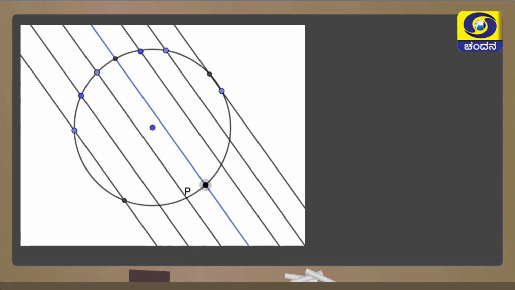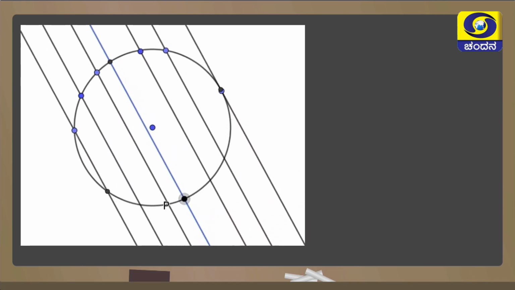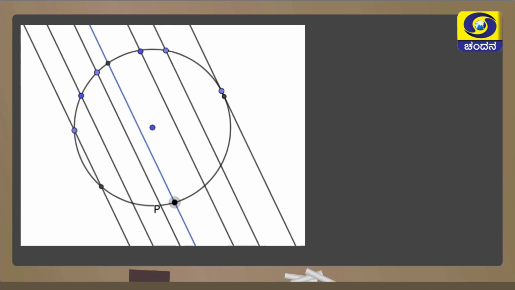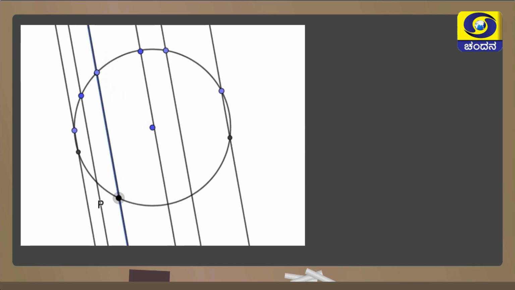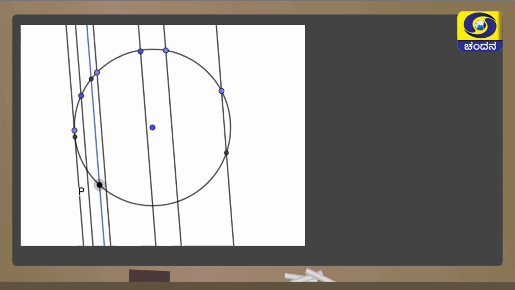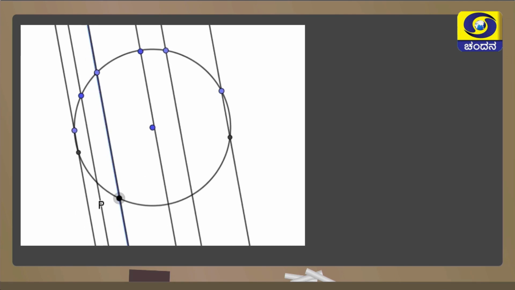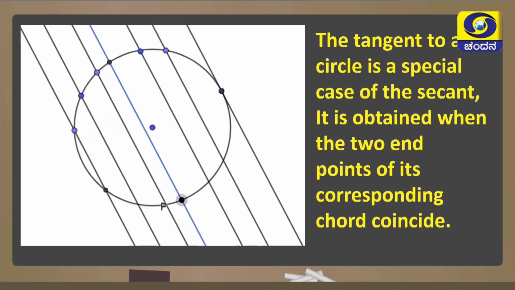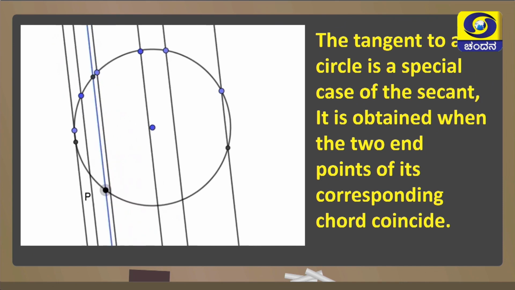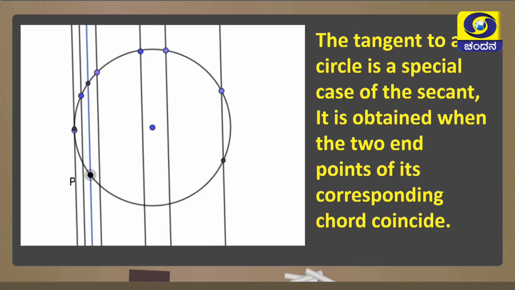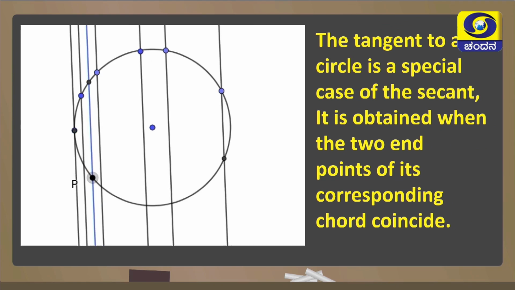Now, I am moving the secant, maintaining that property, that means those lines are parallel to the blue line. If I move like that, you can observe that you will have only one tangent parallel to the blue line on the left side. When I move in the same way, you can observe that only one tangent is parallel on the right side of the blue line also.